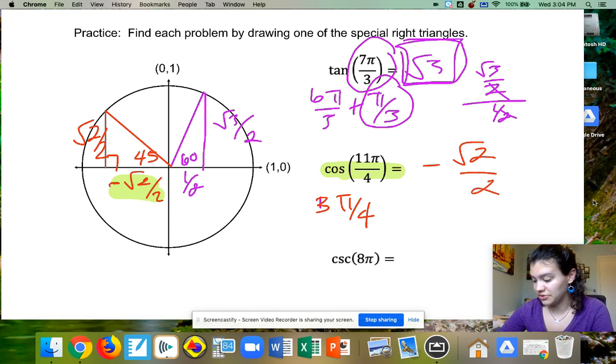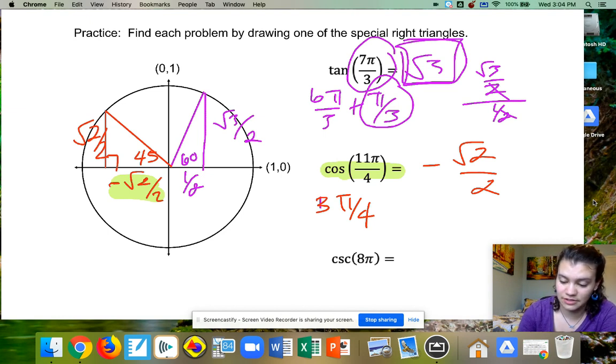And then the last one is cosecant of 8 pi. So you can count your pi's here. We have 0, 1 pi, 2 pi, 3 pi, 4 pi, 5 pi, 6 pi, 7 pi, and 8 pi. We're going to end up back here.